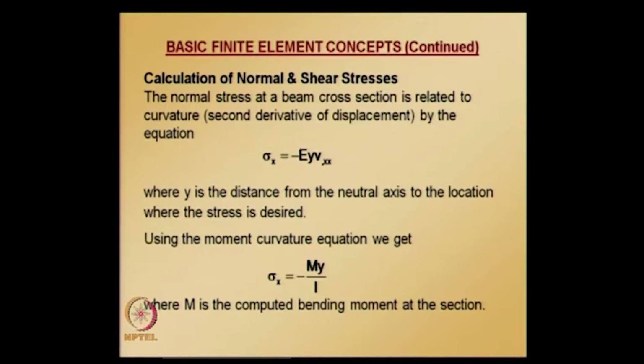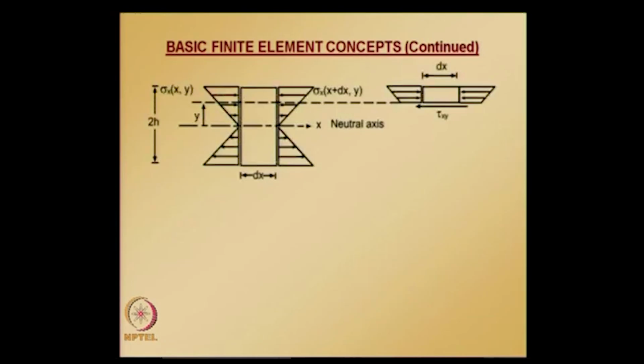So, we will be drawing a free body diagram, and this free body diagram is for a rectangular section with the depth of the beam as 2h and width of the beam as small b, and the small element dx. Various forces acting on that, normal forces, are shown there.